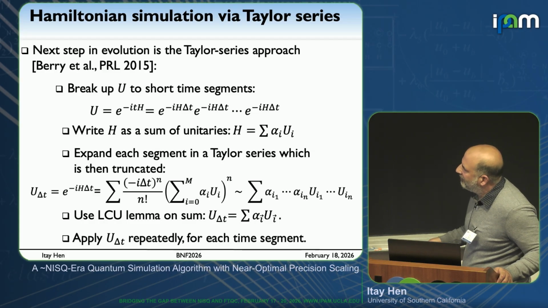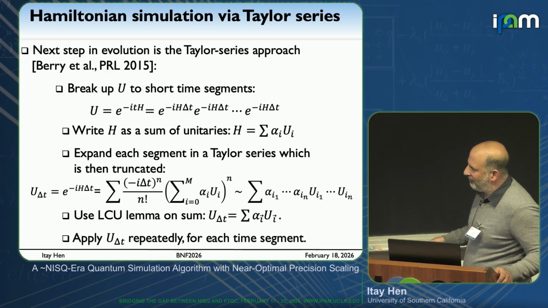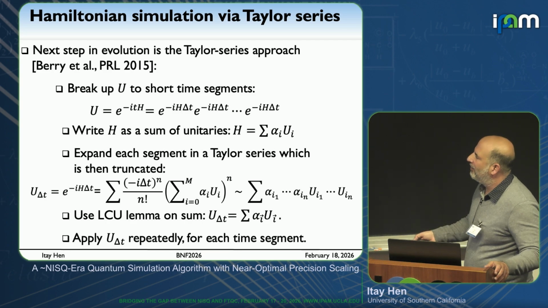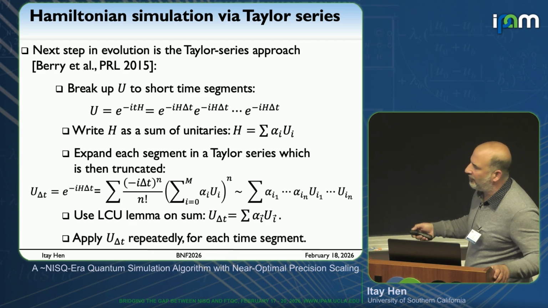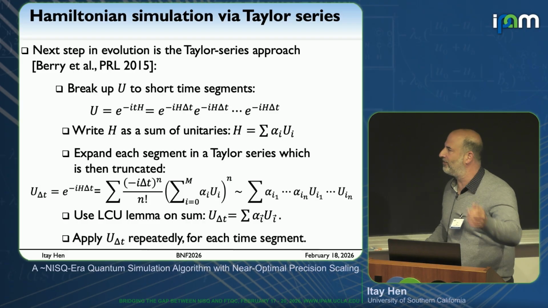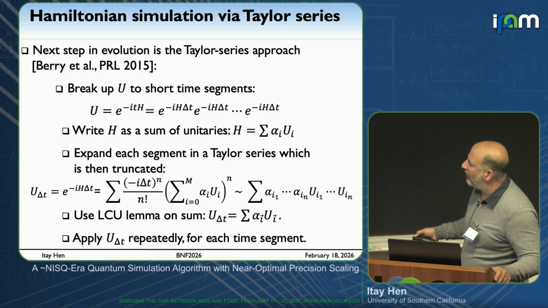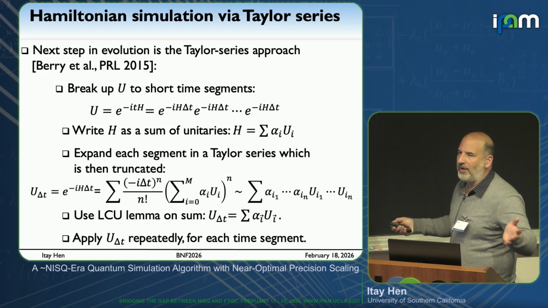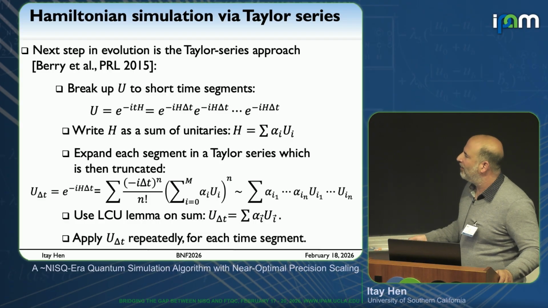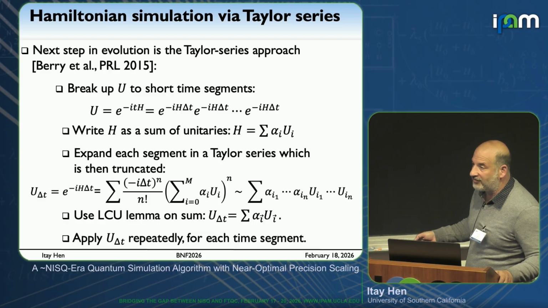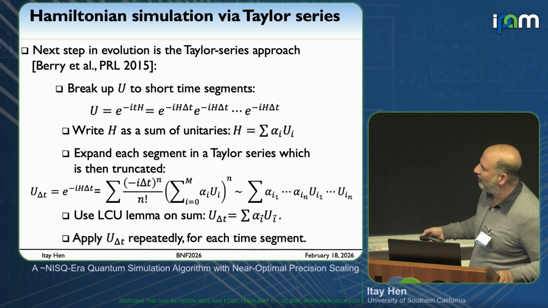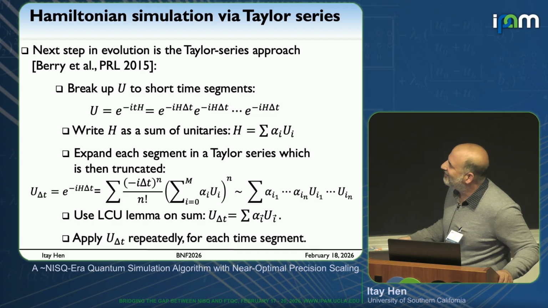And if you do that, you end up with products, because you have H squared, H cubed, and so on. So you end up with still a sum of constants times products of, say, Pauli strings or unitaries. And of course, products of constants are constants, and products of unitaries are unitaries.